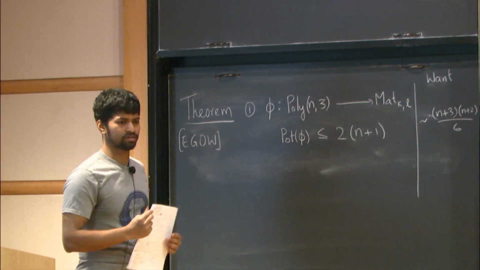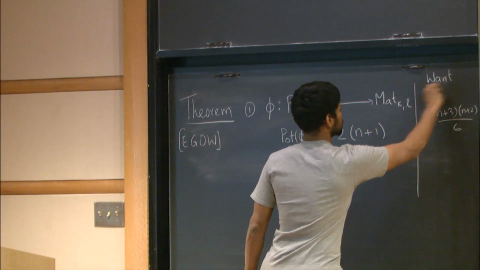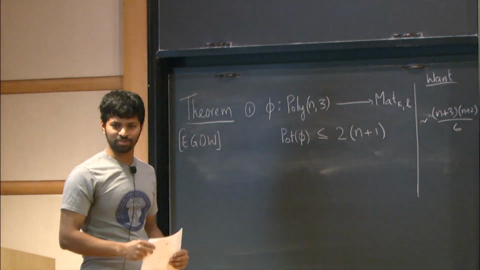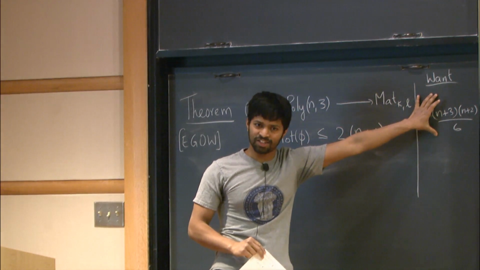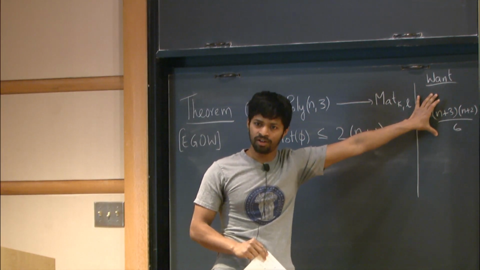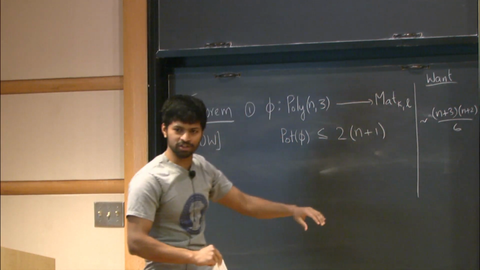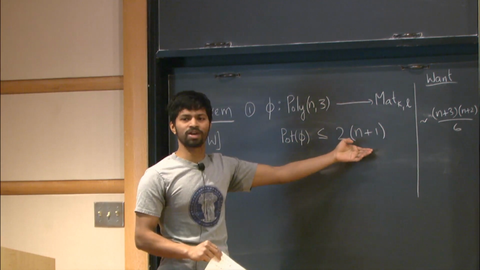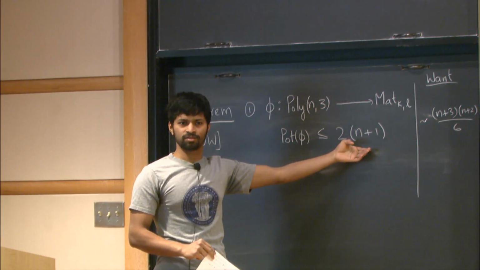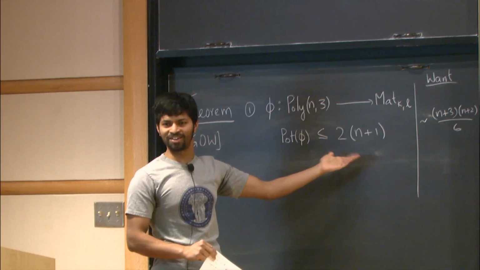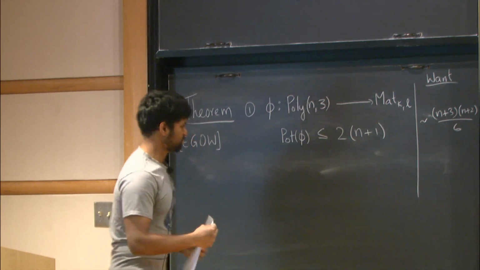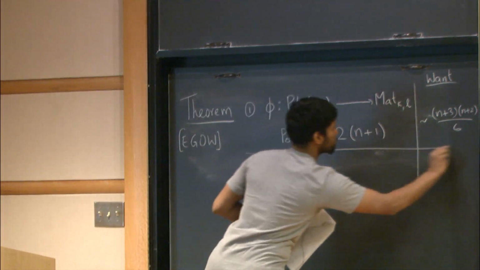So a random one will have this. That means there are polynomials in here whose Waring rank is at least this much. This is a quadratic number. But somehow, no matter what rank method you use, you will never be able to prove something better than linear. And I'm not even giving you a big O or a small o. I'm telling you 2n. So that's the first one.